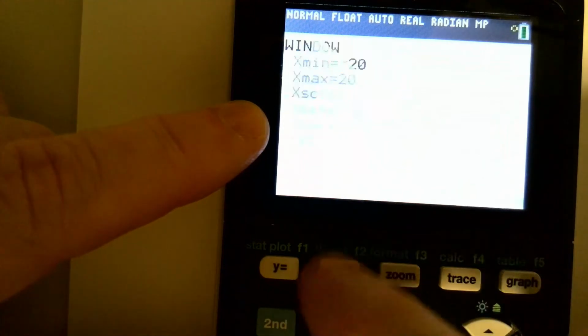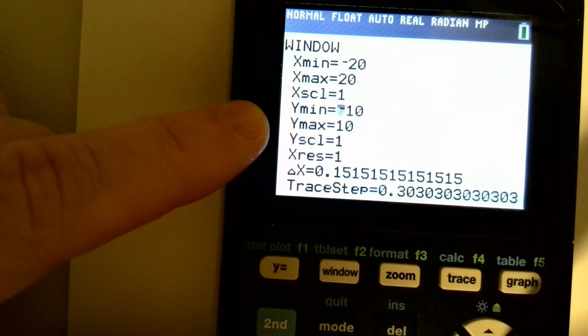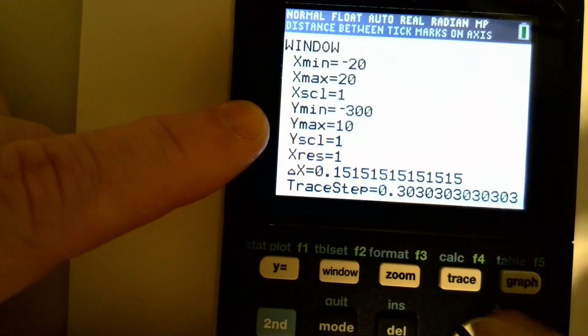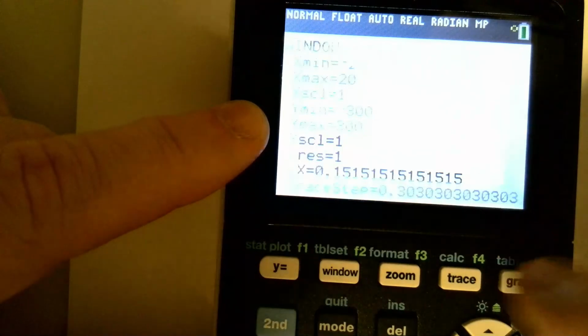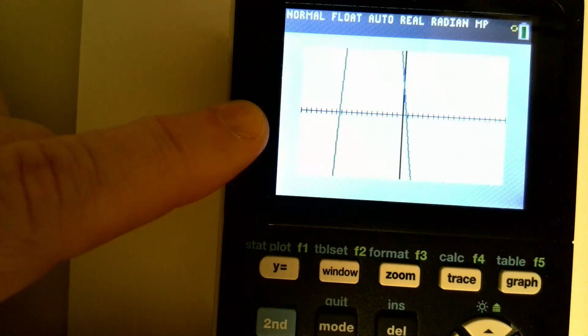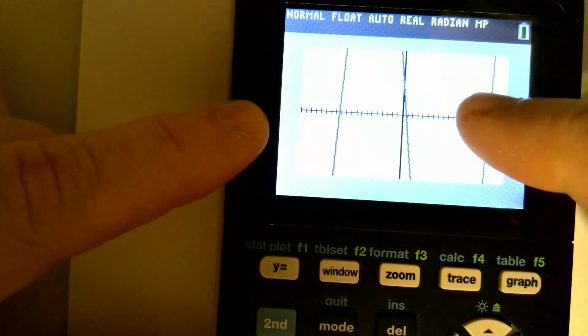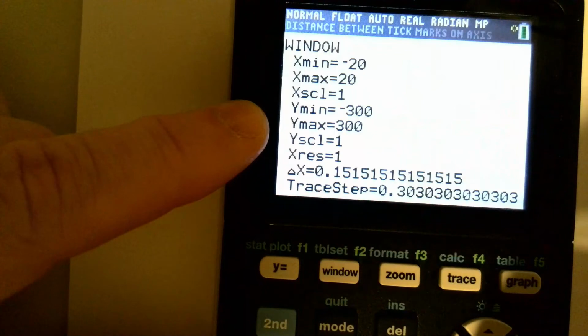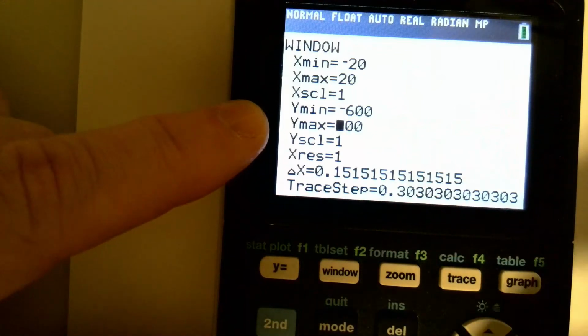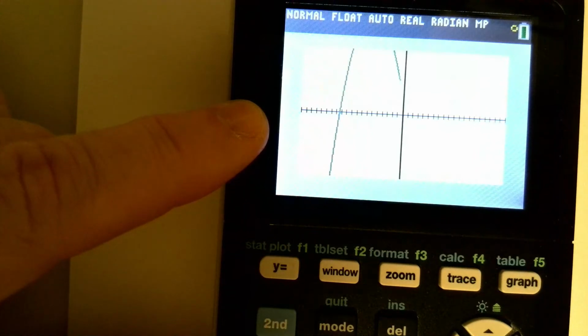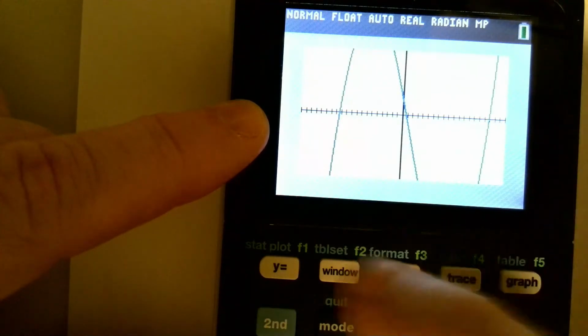So on the window, I'm going to have my y go all the way down to negative, like say 300, and all the way up to 300. And then you can see that there's a little bit more curvature. Okay, so let's make this negative 600 and 600. Still not far enough, but I'm getting closer.